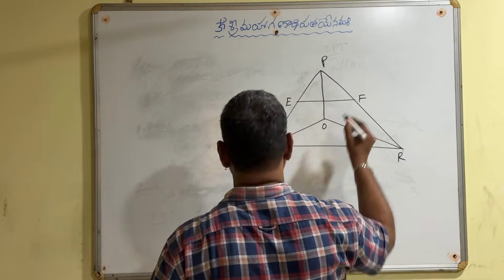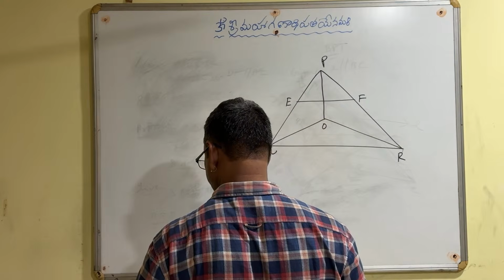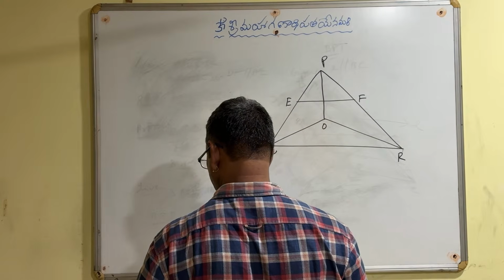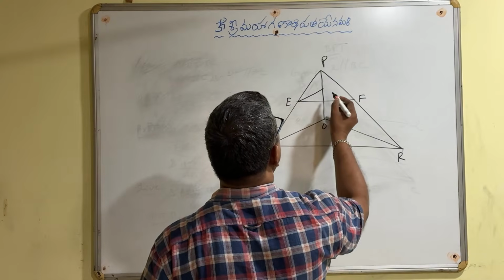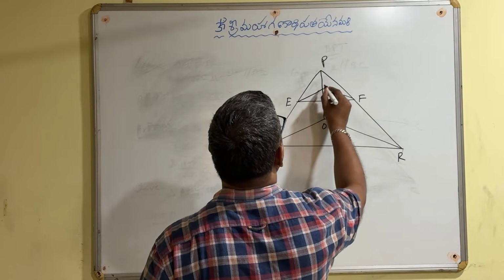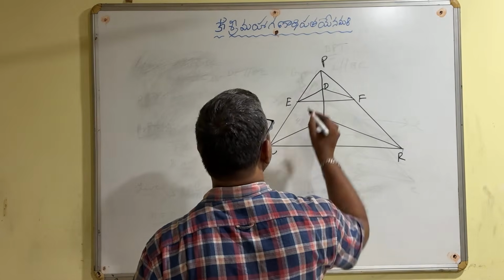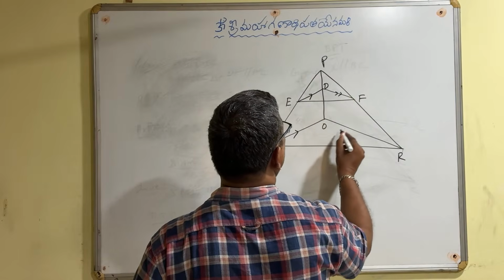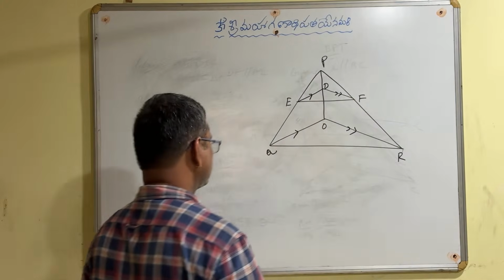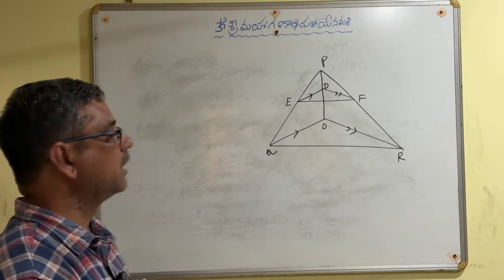E is a point on PQ. F is a point on PR. There is another point D such that DE is parallel to OQ and DF is parallel to OR. And we need to prove EF parallel to QR.